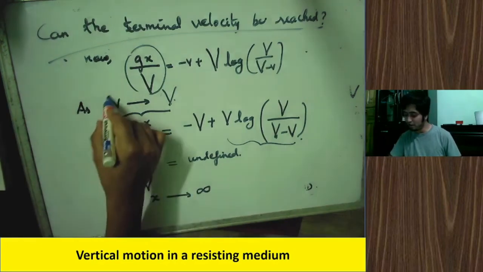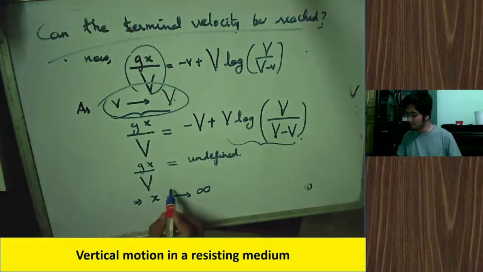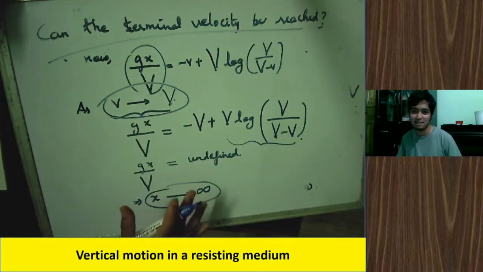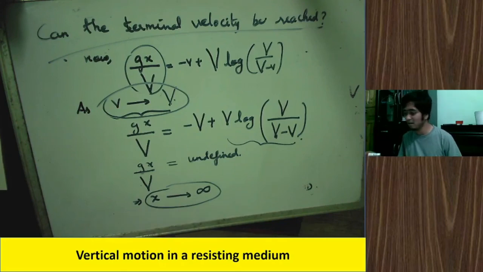So the terminal velocity will be reached when x approaches infinity. In reality, this cannot happen, because that would be at an infinite distance, which is impossible.